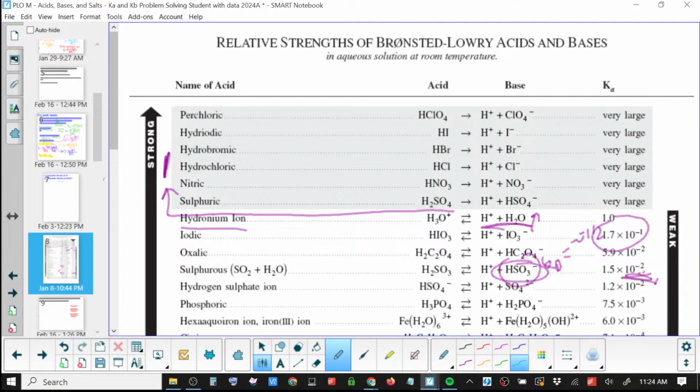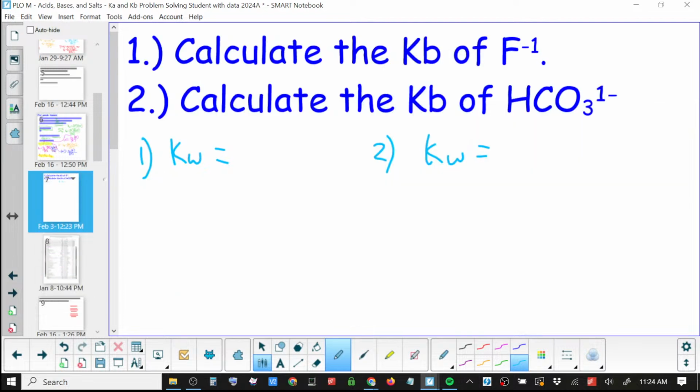Why did I get such a big number? I got like 3.5 times 10 to the 10, positive 10. Yeah, that's way too big. You dropped the negative sign somewhere.